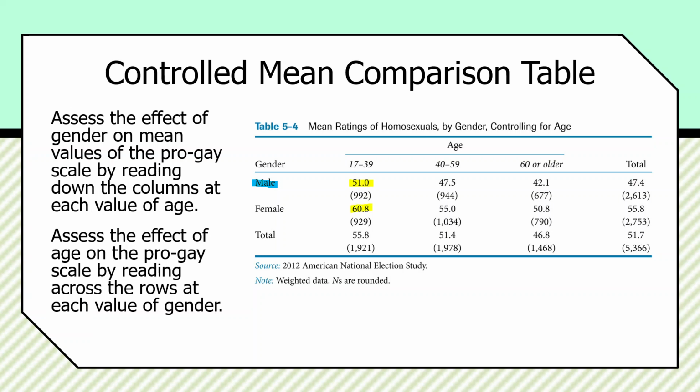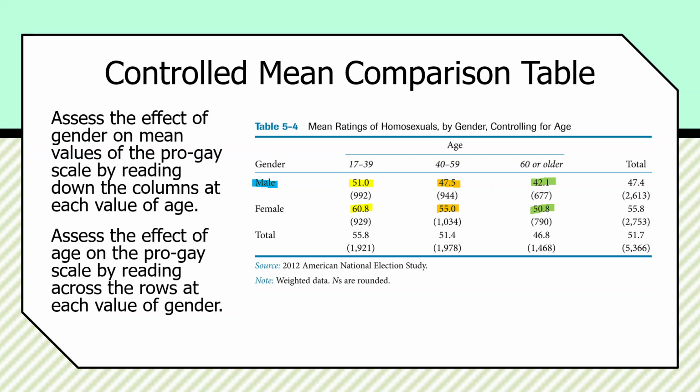So the comparison, the controlled effect, more specifically, would be to compare these two numbers, then move up to the middle age cohort, these two numbers, 47.5 versus 55. Then finally the oldest cohort: 42.1 among the oldest males, that's the rating they gave gays on average, versus 50.8, the mean rating that the oldest cohort females gave.